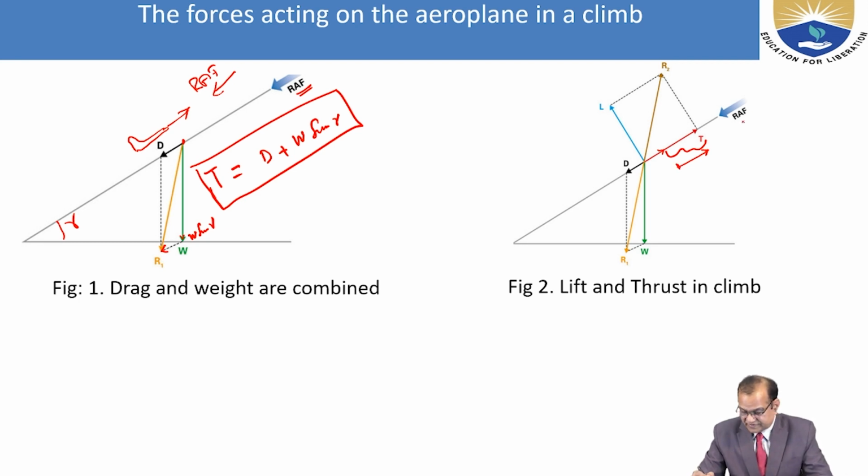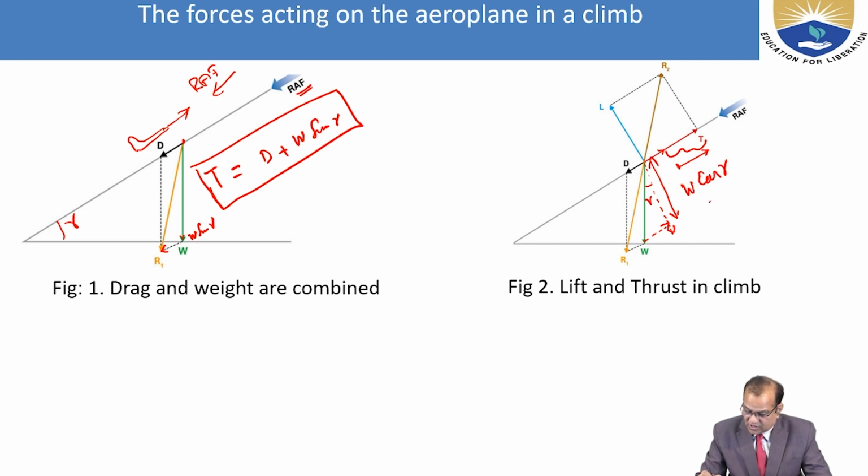But what about lift? If I draw here, this is the gamma. So from here to here, this much will be W cos gamma.